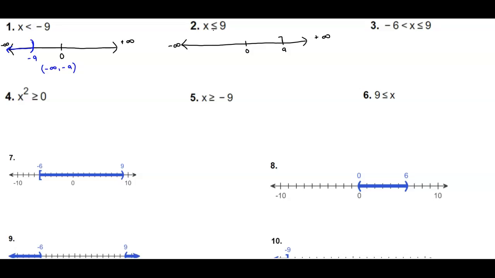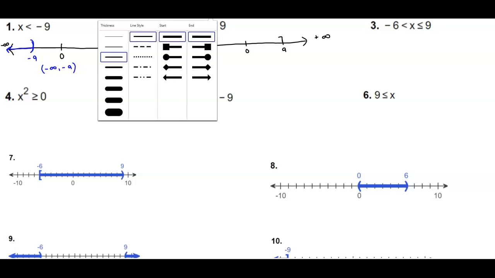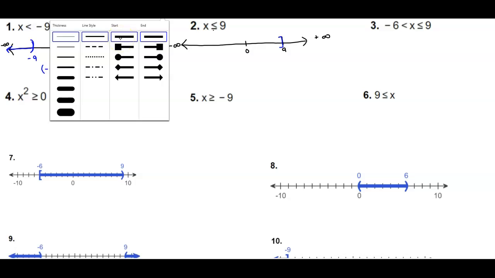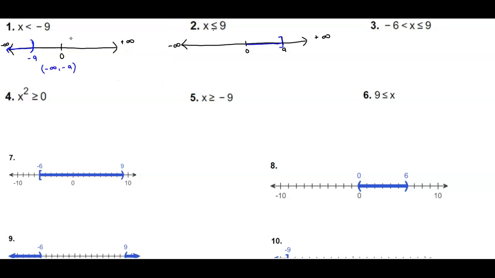So we're going to have a bracket, and it's going towards -infinity. Therefore, the interval notation is going to be parentheses -infinity, 9 with a bracket.